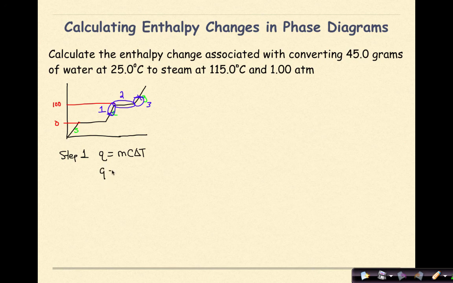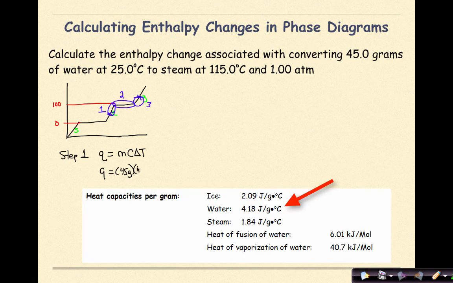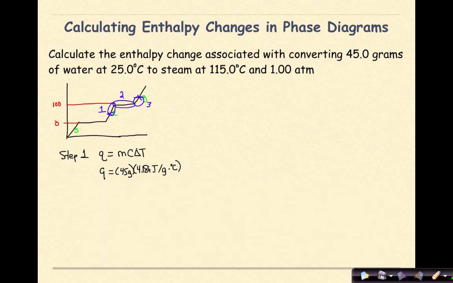So Q is equal to the mass, and the mass is 45 grams. I know that the specific heat of water as a liquid is going to be 4.18 joules per gram degrees Celsius. And my change in temperature here is going to be from 25 degrees Celsius to 100 degrees Celsius because I can only go as far as the point where I hit the next phase change.